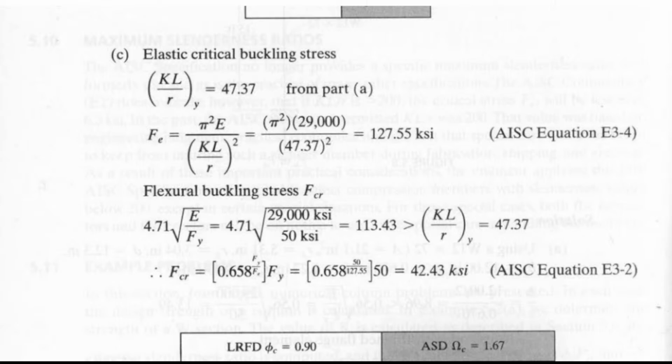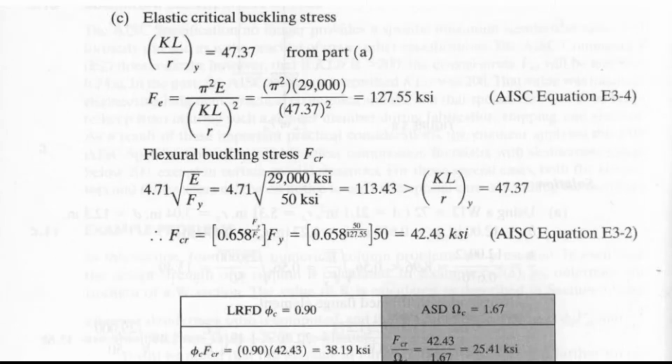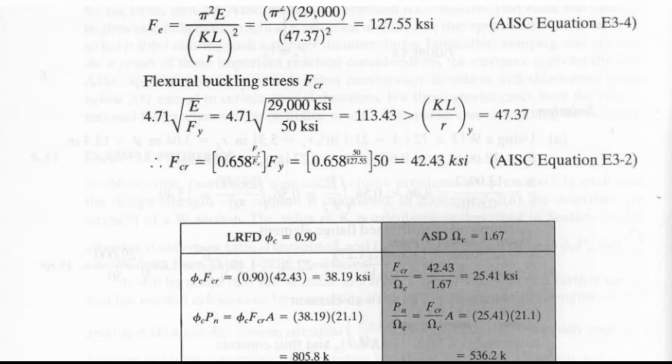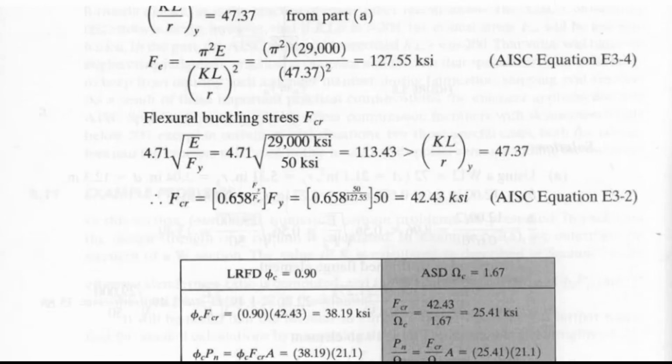So now, compute equations 3-2 and 3-3. Now, let us find out if we are in 3-3 or 3-2. We already have this value, Euler. So, 4.71 square root of E over Fy.